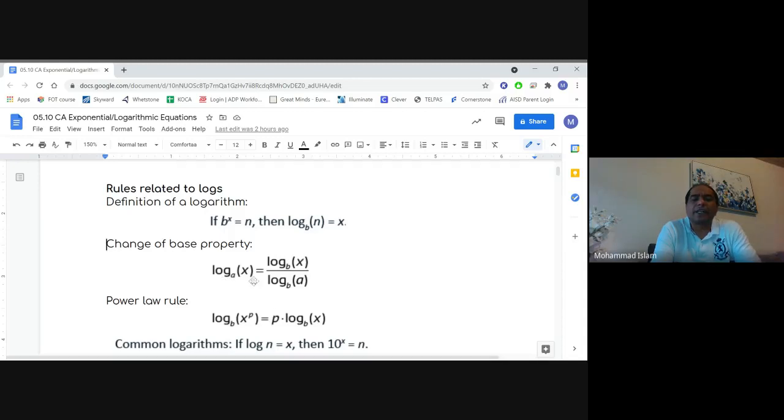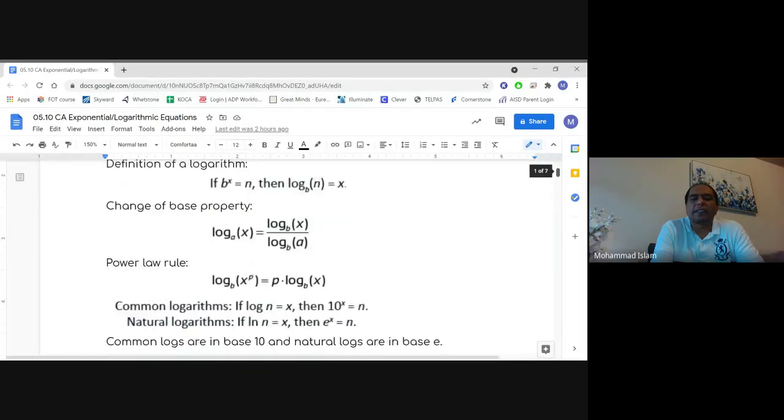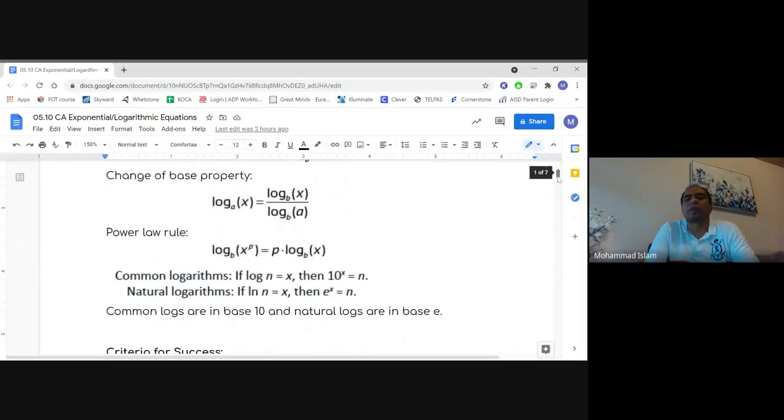Log base a of x, where a is the base and could be anything, is equal to log base b of x divided by log base b of a, where b is the base we want to change to from the initial base a. This is the second important property we need to keep in mind, and it is called the change of base property.